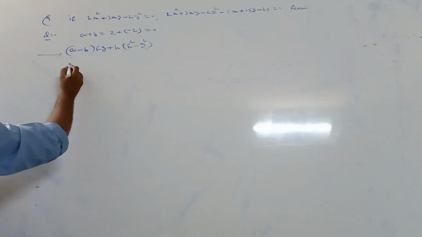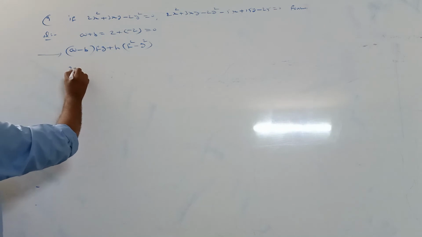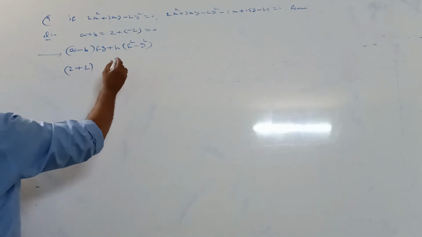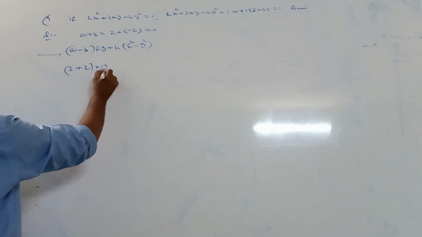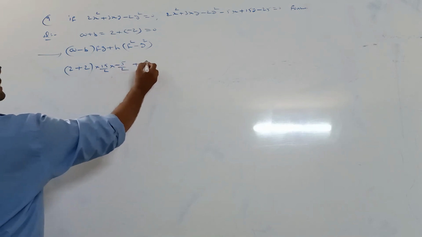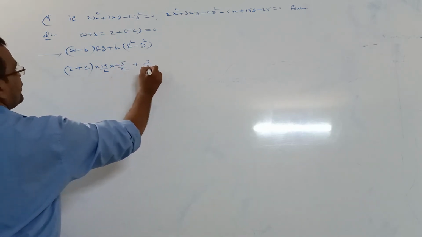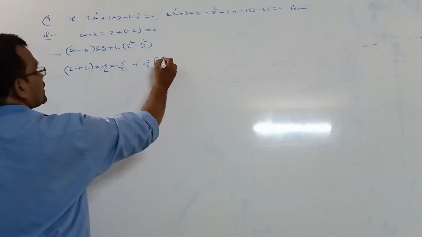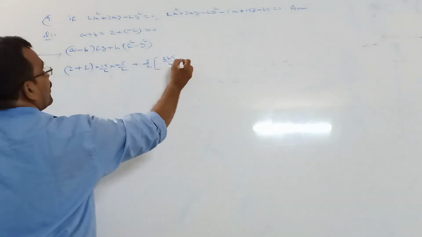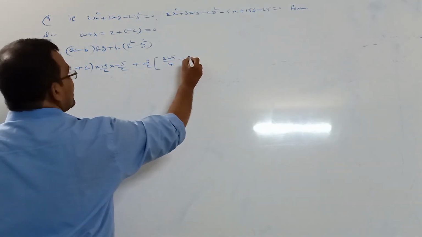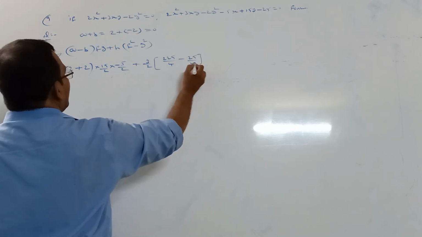A minus b: a is 2, b is minus 2, minus of minus plus, 4. F is 15 by 2, g is minus 5 by 2, plus h is 3 by 2 into f square, 15 by 2 whole square, 225 by 4, minus g square, that is 5 by 2 whole square, 25 by 4.